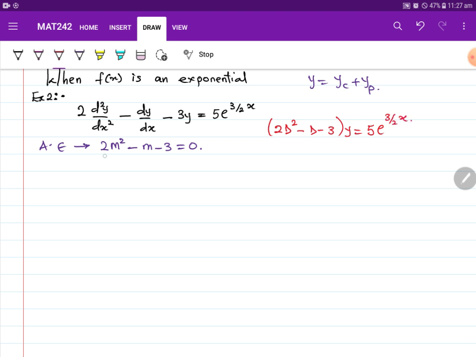Now if we solve this quadratic equation, we end up having m to be 3 over 2 and m to be minus 1.